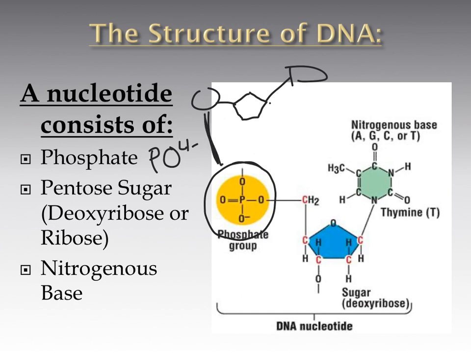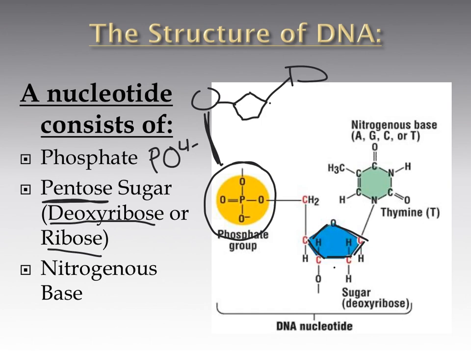And then in the middle, you have a pentose sugar. What that means is the sugar has 5 sides. It's one of 2 sugars: either deoxyribose for DNA, or ribose sugar for RNA. That's going to be one of the main differences between DNA and RNA that we're going to talk about later.